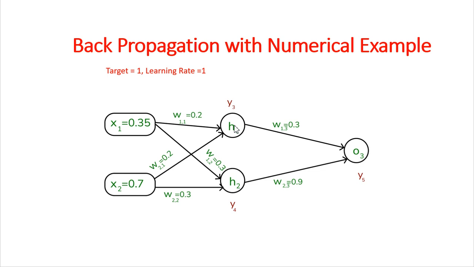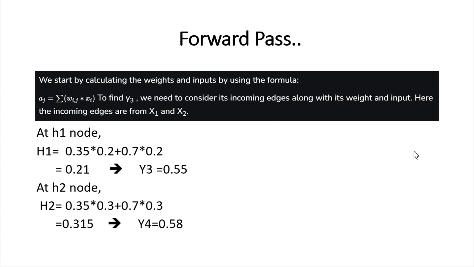After getting the final output, again we need to calculate the output O3 here, and the weights here are W13 as 0.3 and W23 as 0.9. Okay, without any delay, let us start the forward pass.